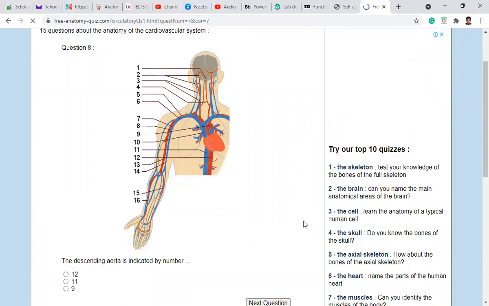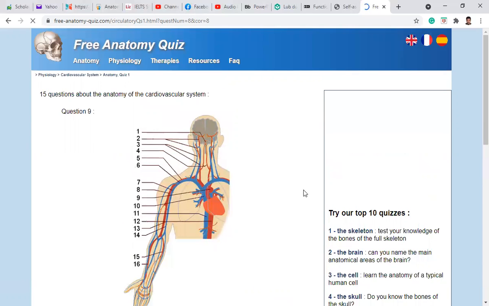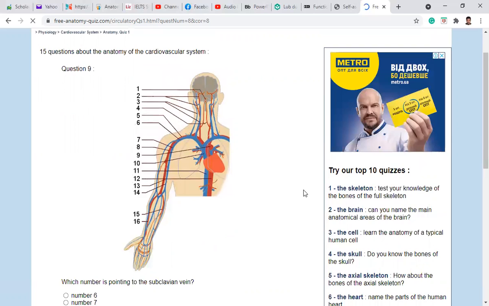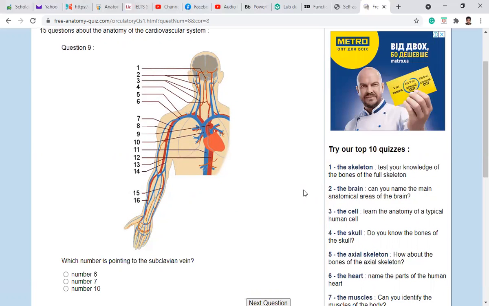The descending aorta is 12. Subclavian vein, 6.